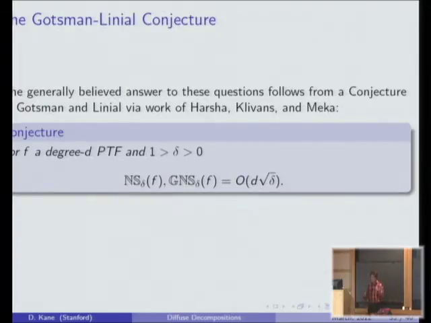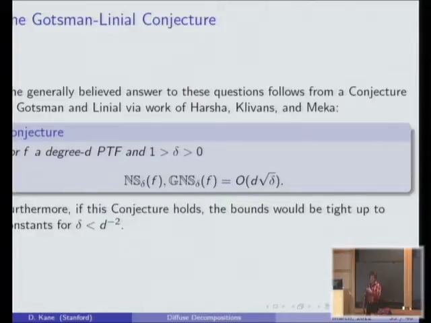The generally believed answer to this question is given by the Gotsman-Linial conjecture, via some reductions of Harsha, Klivans, and Meka, which says that if you have a degree d polynomial threshold function and a parameter delta, then the noise sensitivity and Gaussian noise sensitivity should both be O of d root delta. Furthermore, if this conjecture holds, it'll be tight as long as delta is small.